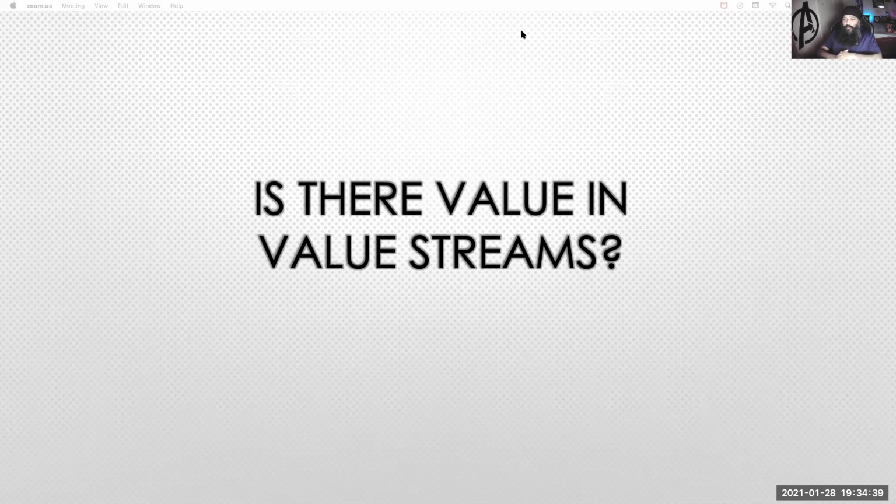So today we talk about, is there value in value streams? Okay. And to really look at it, this particular discussion that we are going to have, I have to admit, has been inspired by one SPCT, Carl Starendel, who's been doing amazing work around the concept of value streams, right?